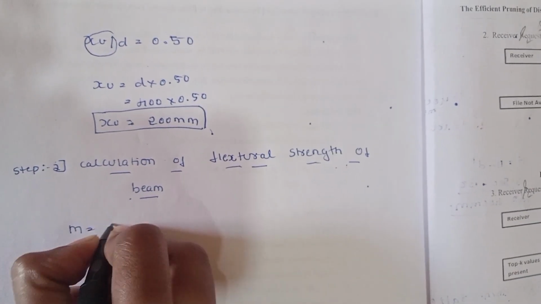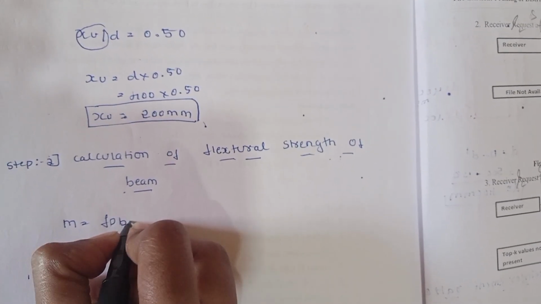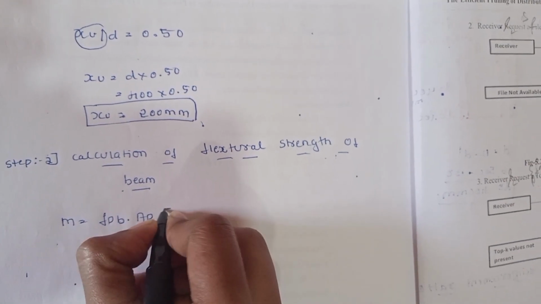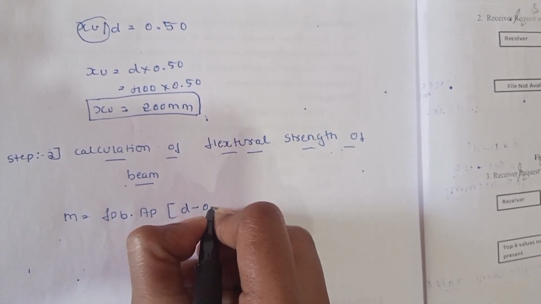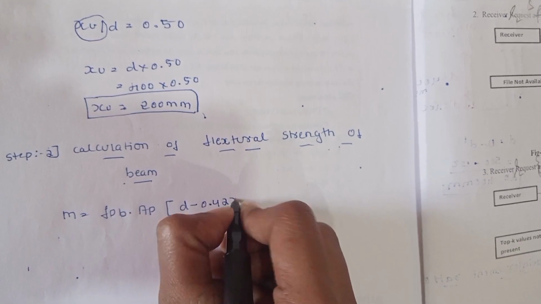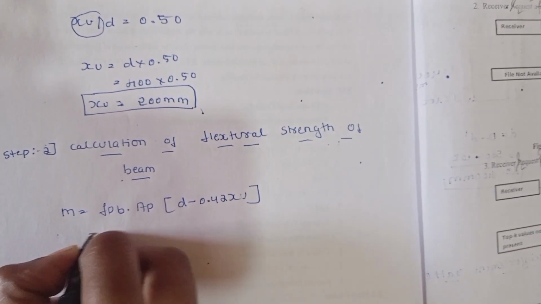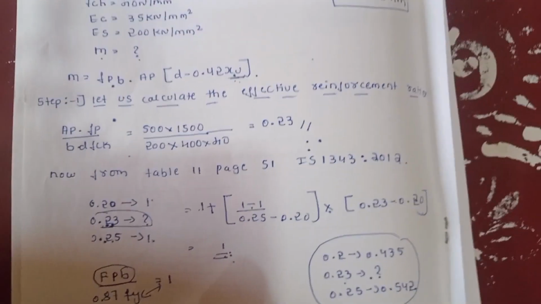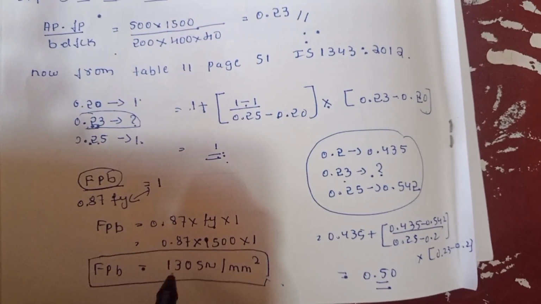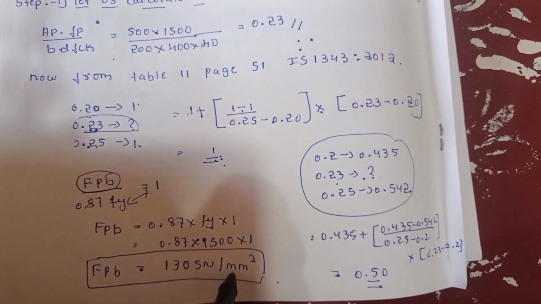M equal to FPB into AP into bracket open D minus 0.42 into XU. We got the FPB value as 1305 Newton per mm square.